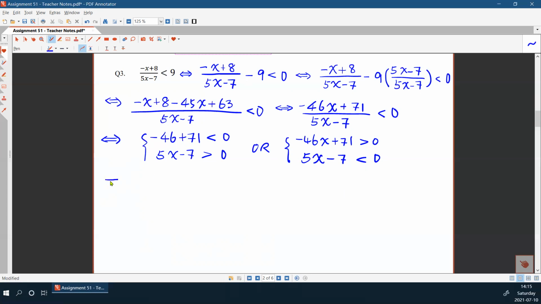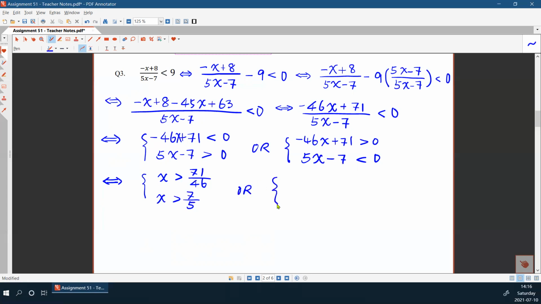Okay, so let's solve these two branches. First branch, sorry, I lost x here, minus 46x, right? So x should be first greater than 71 over 46. And x should also be greater than 7 over 5, right?